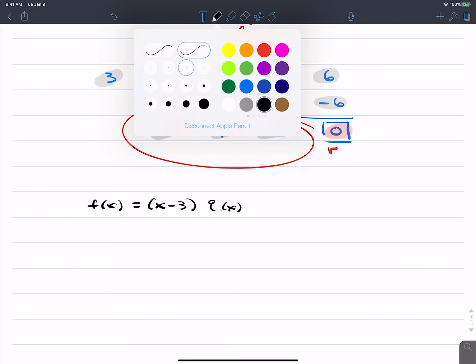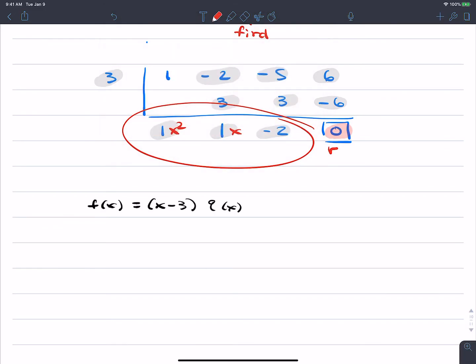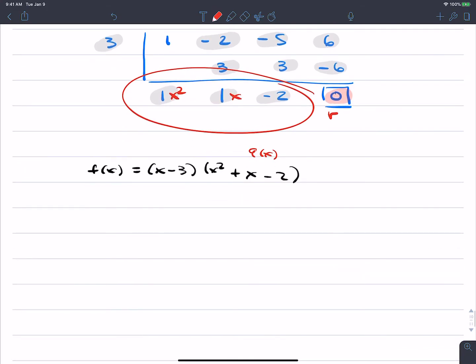Well, what is that quotient? That function's going to be x squared. Let's go back and let's erase this. X squared plus x minus 2. So here's that quotient function. Now remember, they want us to find the other zeros. So let me write that down.